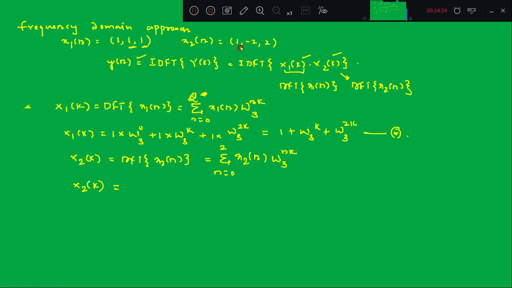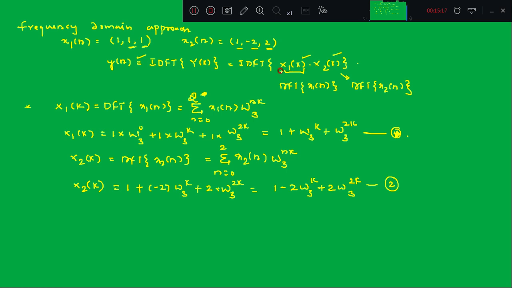So x2 of 0 is 1, and n is 0, so W raised to 0 is 1, 1 into 1 is 1, plus next x2 of 1 is minus 2, and here n is equal to 1 means W3 raised to k, plus x2 of 2 for n is equal to 2 is plus 2, 2 into W3 raised to 2k. So 1 minus 2 W3^k plus 2 times W3^2k.